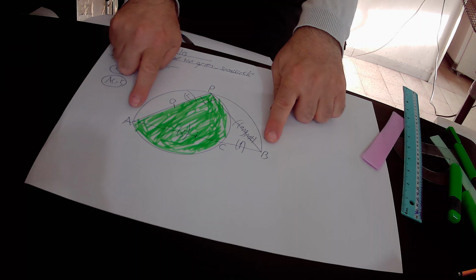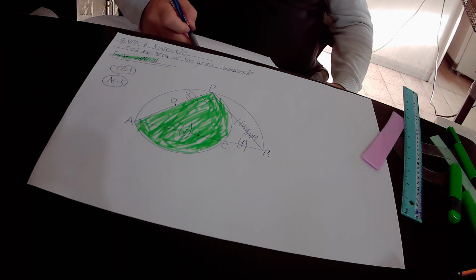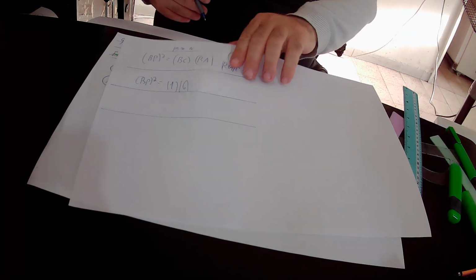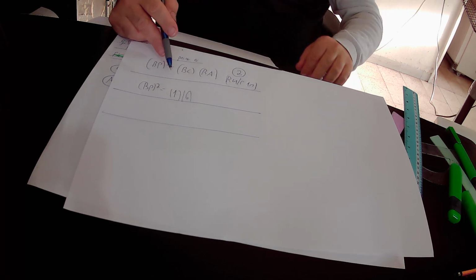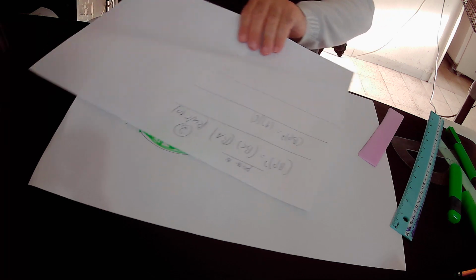Again, BA equals 5 plus 1, that is 6. So we substitute BA in the equation by 6. In conclusion, according to rule 10, BP square equals 1 times 6, that is 6. So BP square equals 6.